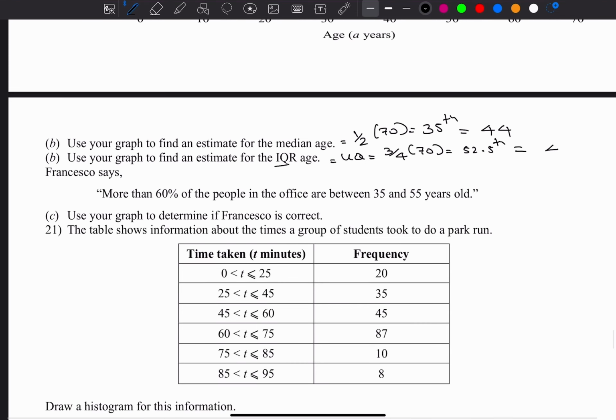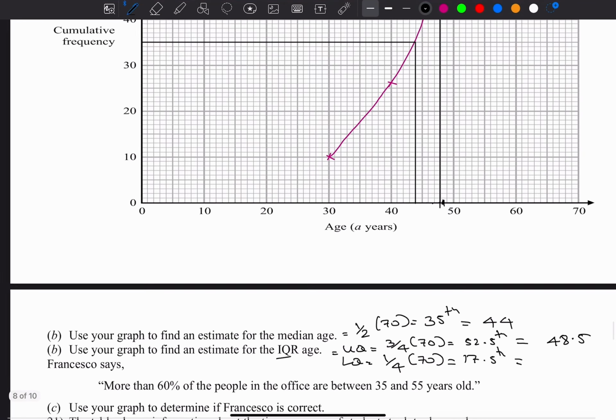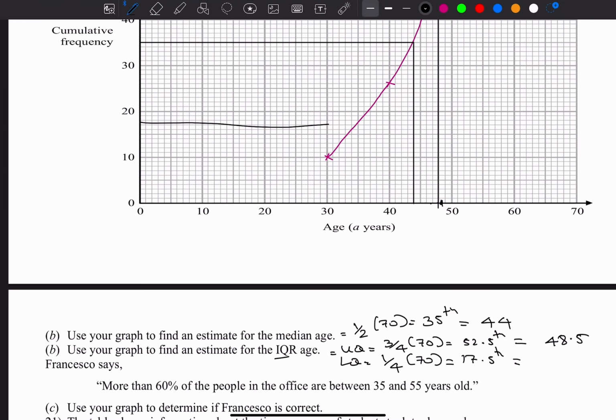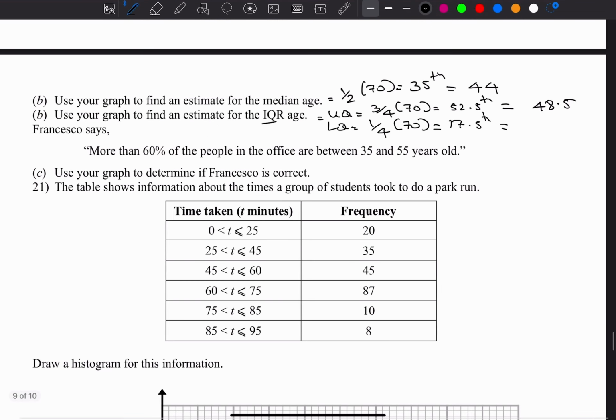And the lower quartile is a quarter of 70, which is 17.5. That is there, about 35-ish.